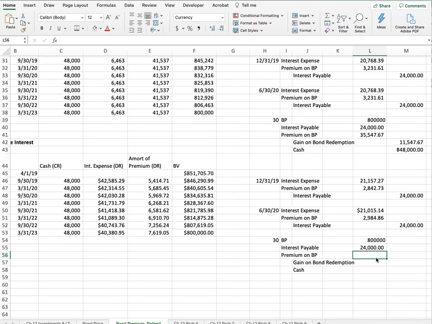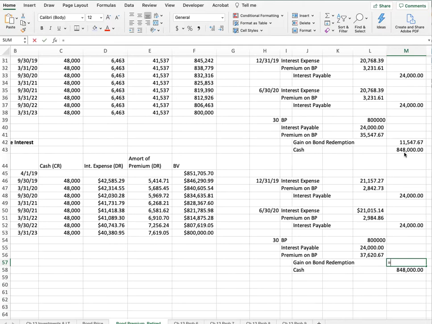Premium on the bond payable, so we'll say equal to our March 31st book value minus our face value of 800,000 minus this adjusting entry of 2,984, and I'm not actually sure why I did parentheses, but we'll just keep going with it. And so we get 37,620.67. And then our cash, it's going to be the same thing, so we don't need to recalculate that.